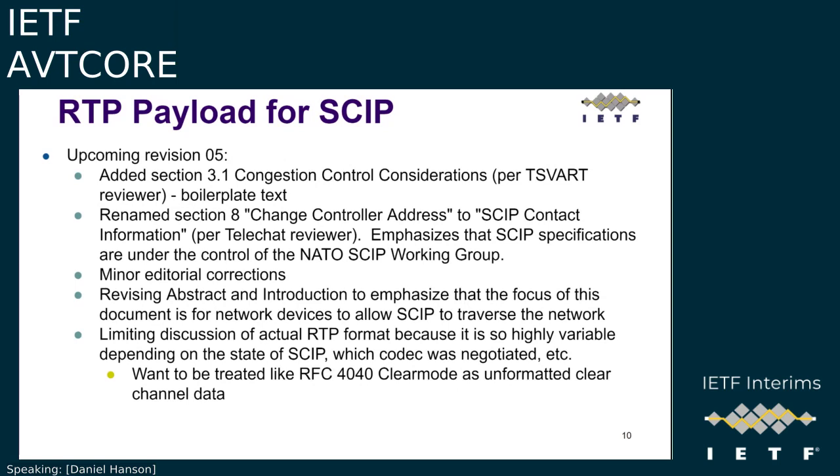Again, we'll put some revised wording in the abstract and introduction saying that we want to treat this as a clear channel, with the intent that network devices cannot or should not try to profile what our traffic stream looks like, because it's so highly variable that it would be an impossible task to build a network filter or packet filter based on what the contents of the SKIP RTP stream would be.